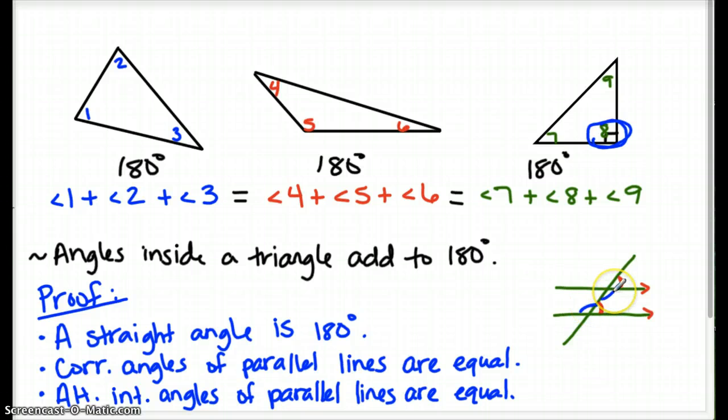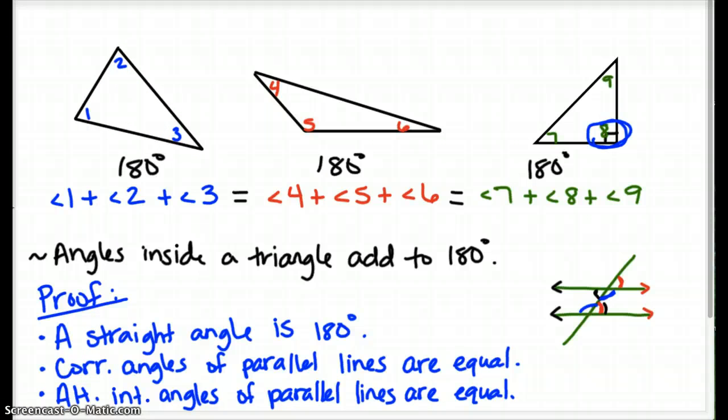So right here that I'm marking in blue, that's one set of alternate interior angles. This also that I'm going to mark in black, the black and the red one, excuse me, would also be alternate interior. And those are equal to each other as long as, again, these lines are parallel. So these three statements are ones that we have already talked about in previous lessons, and we're going to use those to prove why the three angles inside of a triangle add up to 180.